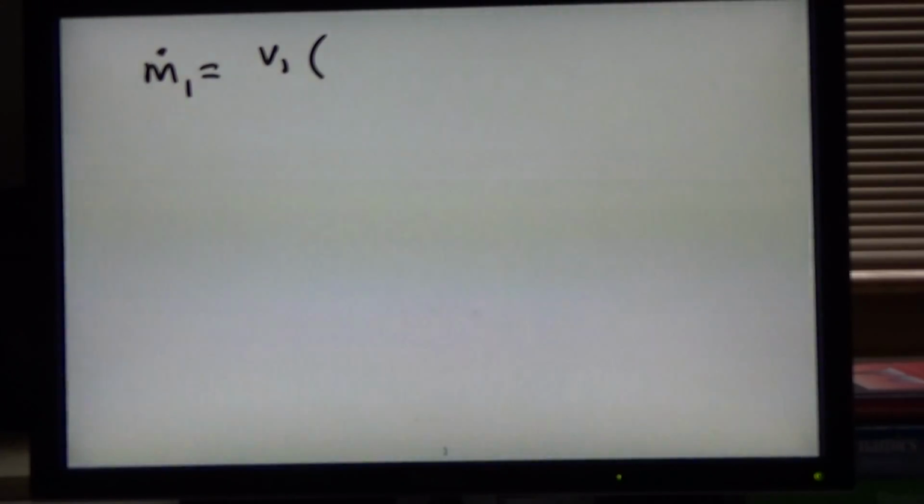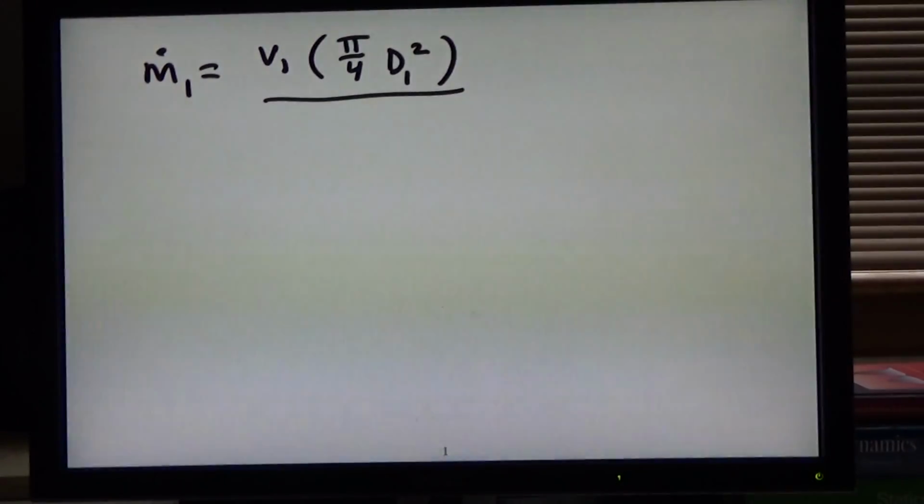We just have to use the area equation for a circle. If we're given diameter, we can do pi over 4 times d squared, and then divide that by specific volume 1. The first time we walk through this, I'll work you through the units just to make sure there are no strange unit conversions.